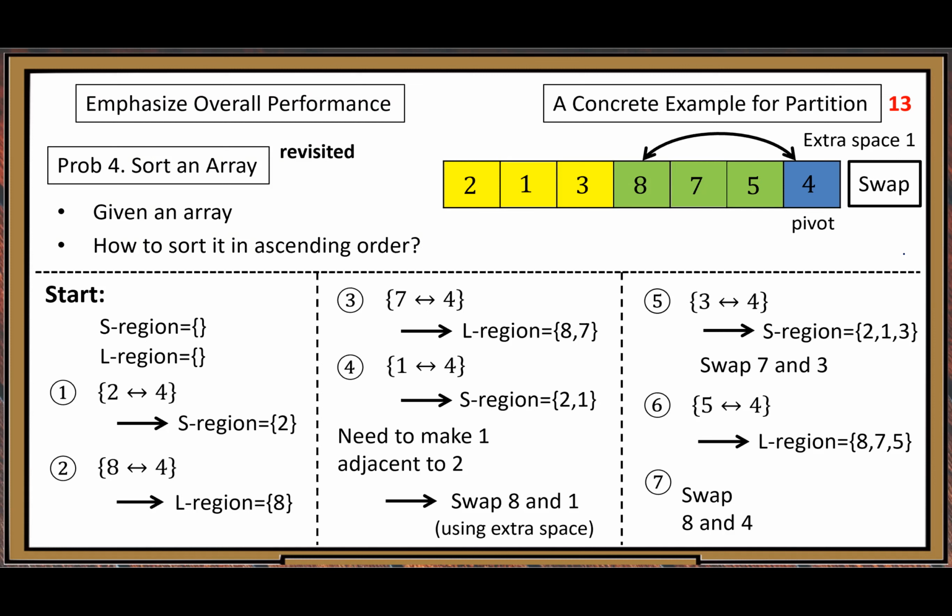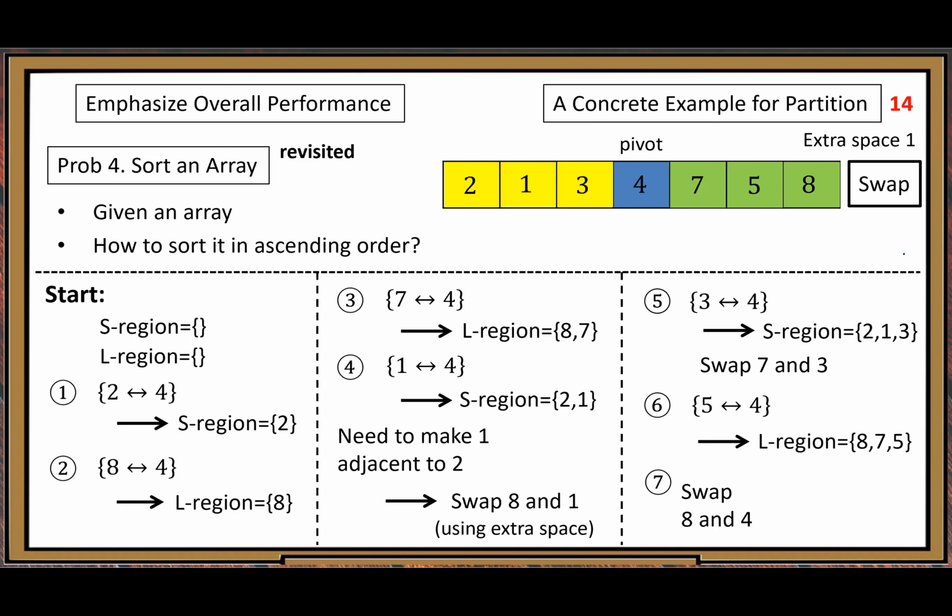Another swap, 8 and 4, the last swap operation. After that swap operation, that's the desired situation we like to have. The pivot element is in place.